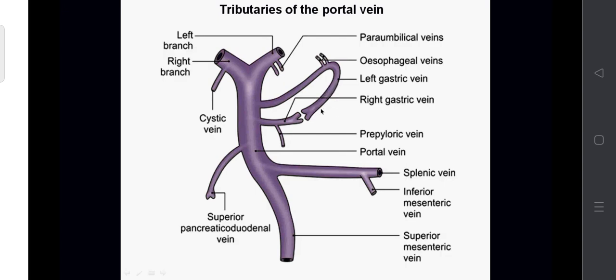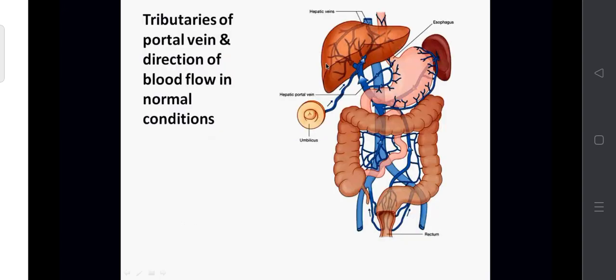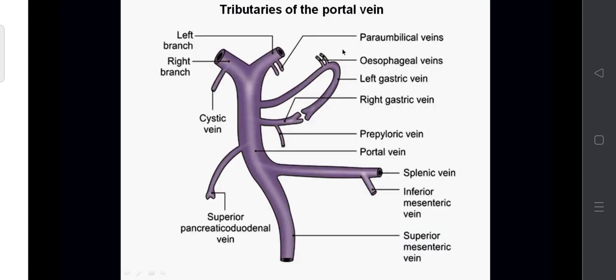The left gastric vein, which drains the blood from the stomach, also receives few veins draining the blood from the lower end of the esophagus or the intra-abdominal part of esophagus, while the right gastric vein receives a pre-pyloric vein lying anterior to the pylorus of stomach.